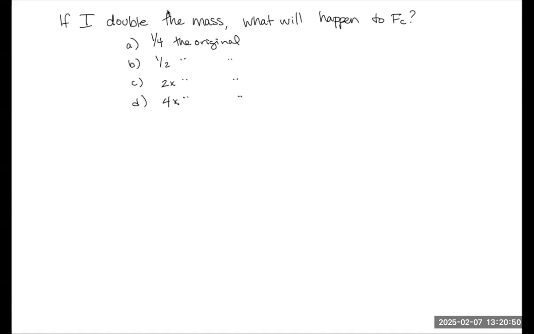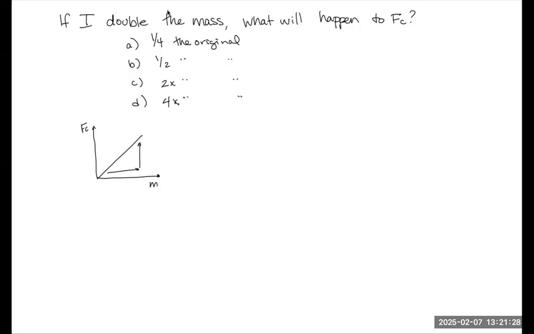There's a couple of ways we can think about this. Let's think first of all about the pattern. We know that mass has a linear pattern. And so one of the features of the linear pattern is whatever I do this way, an equal amount of it happens this way. So if I'm doubling the mass, then an equal amount is going to happen to the centripetal force.